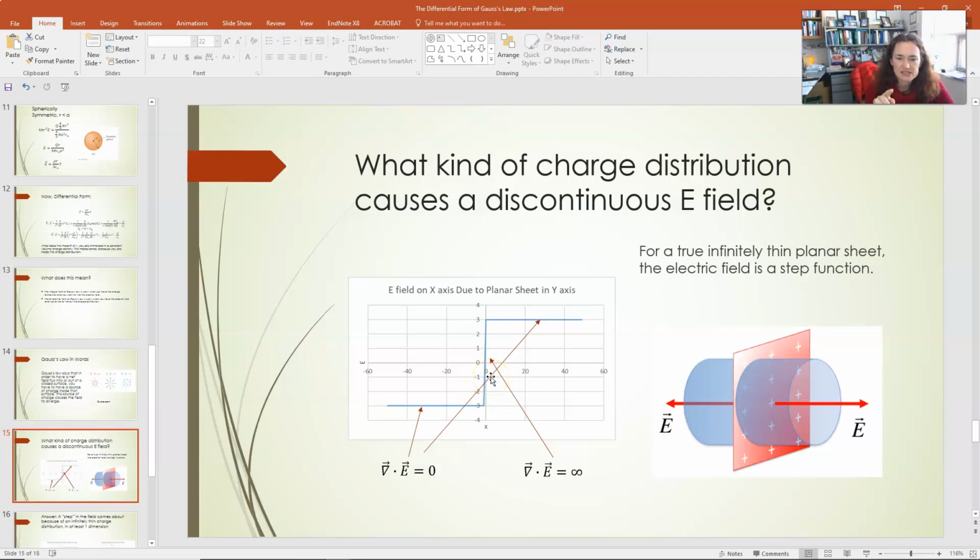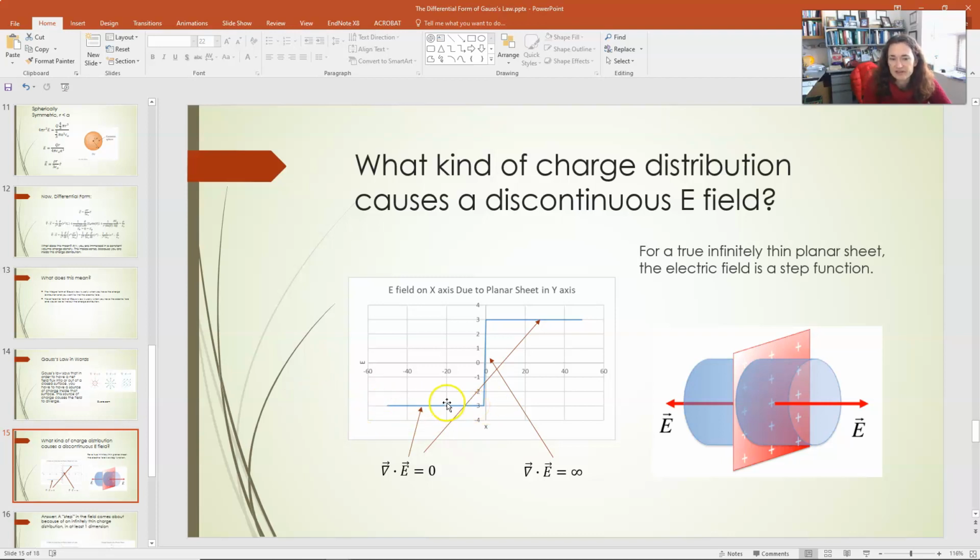So now let's talk about, using the differential form of Gauss's law, what del dot E would be at these various points. On the left here, plotting my electric field, remember that a gradient is just a derivative, and a derivative is just a slope. So here on the left, for x less than 0, I've got a horizontal flat line for my electric field away from this infinite plane of charge.